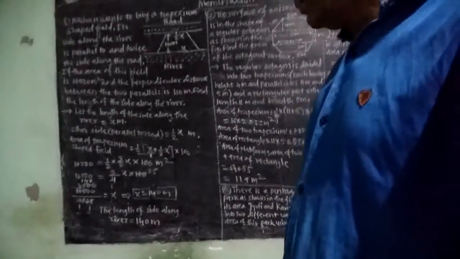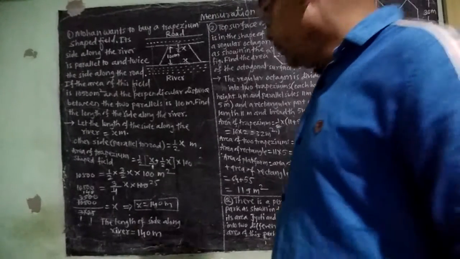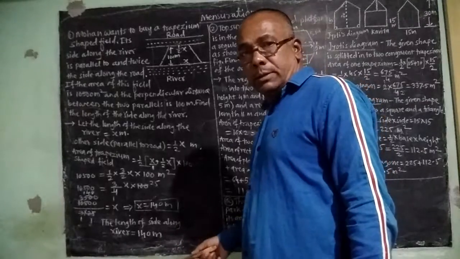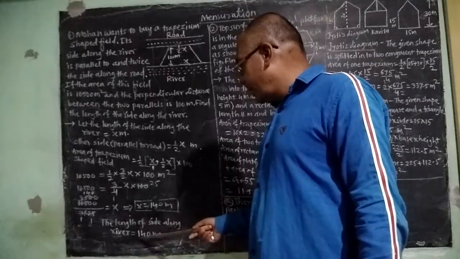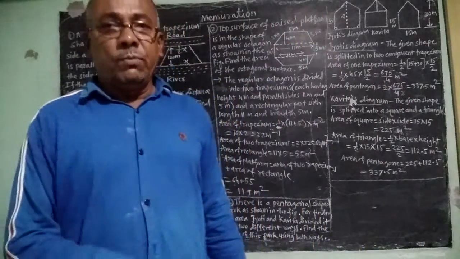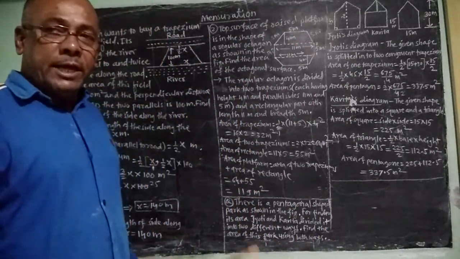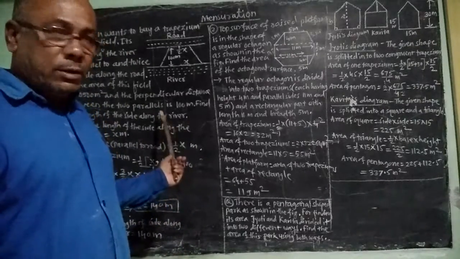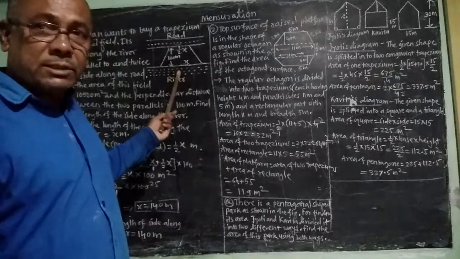Here the length of the side along the river is equal to 140 meter. In this way, we have found the length of the side along the river of the trapezium shaped field.